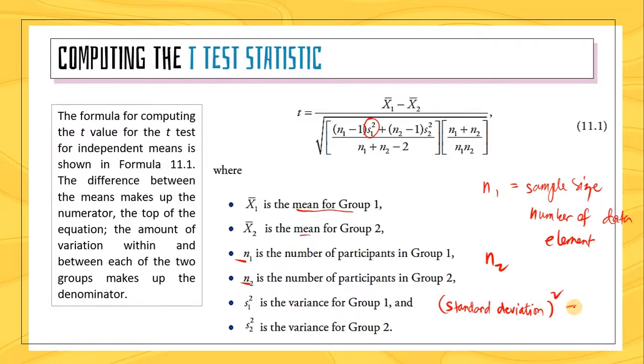Or if you have already found the variance, for example using Microsoft Excel, and you solved for the variance directly, diretso na, that is S squared. So remember this part: if you solved the standard deviation, you square it, but if you already solved for the variance, then just plug it in with no squaring.